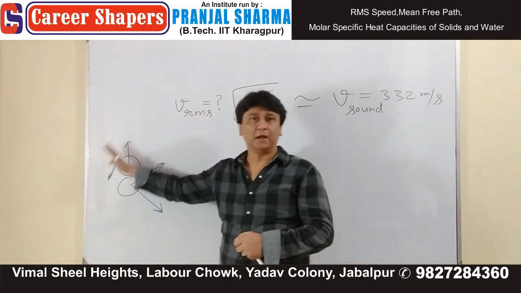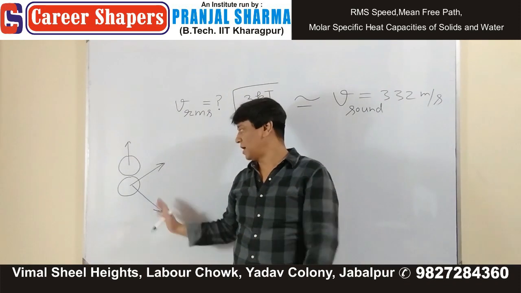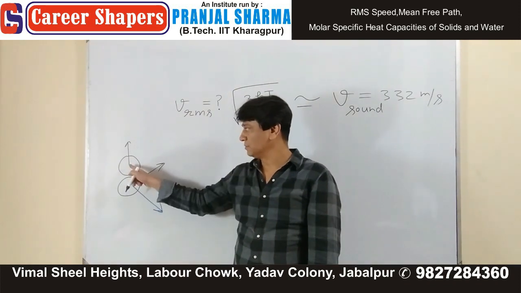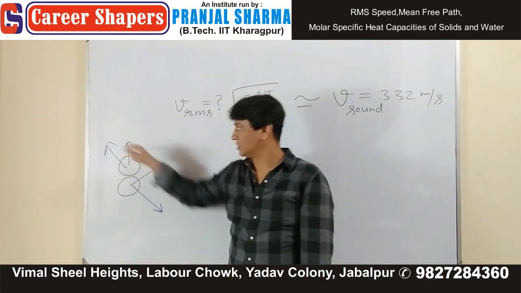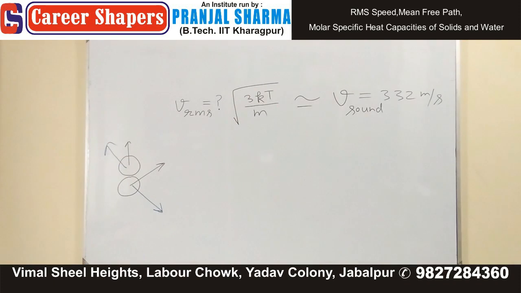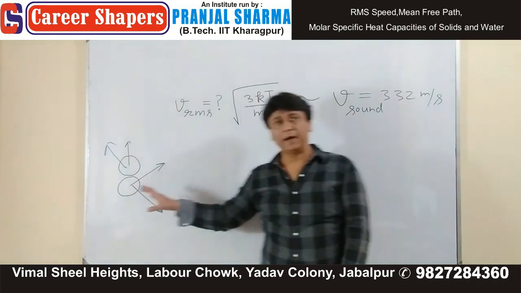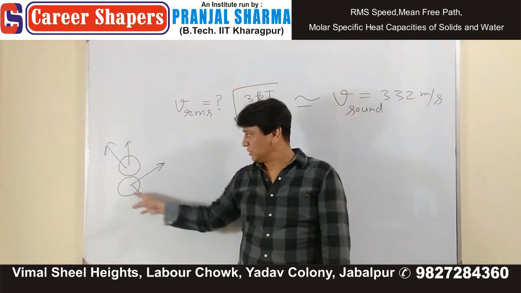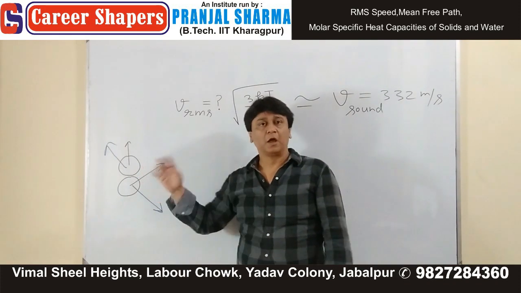We have already done these things. So the thing in blue is after the collision. This one, let's say after the collision, it's moving in this direction. So all these molecules, they are moving and they always collide such that collision takes place in random directions.